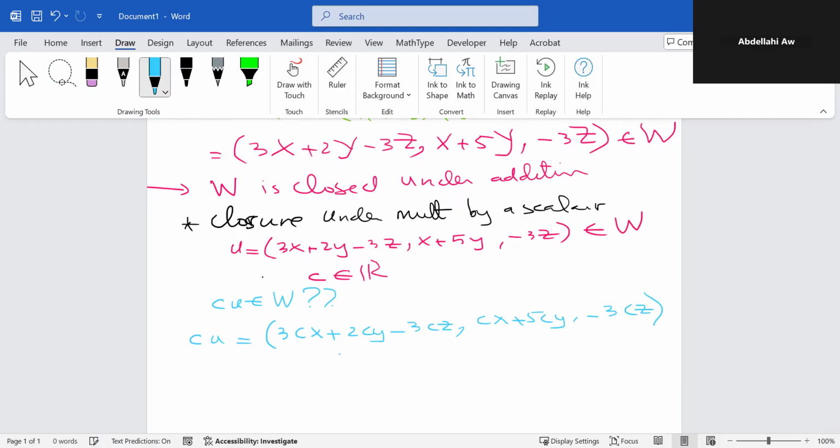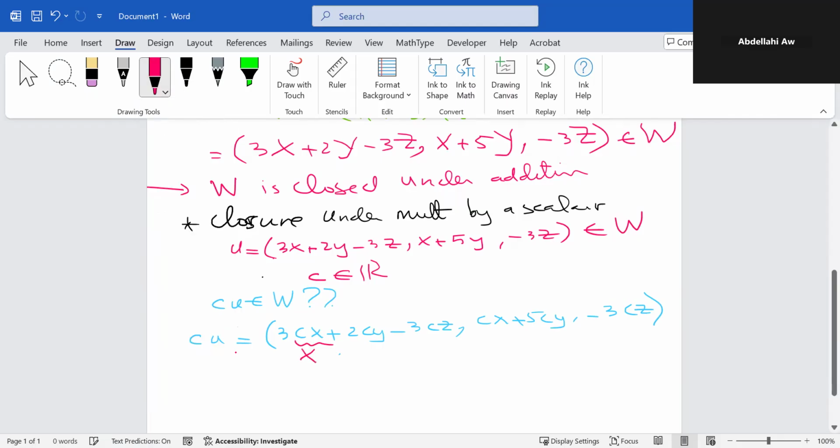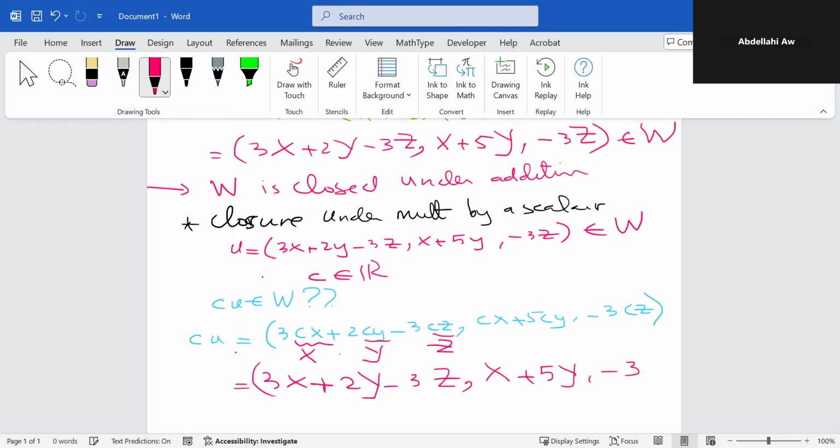Same thing now. If I call cx capital X, cy capital Y, cz capital Z, then it's going to be (3X + 2Y - 3Z, X + 5Y, -3Z).